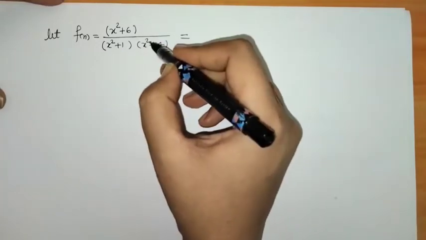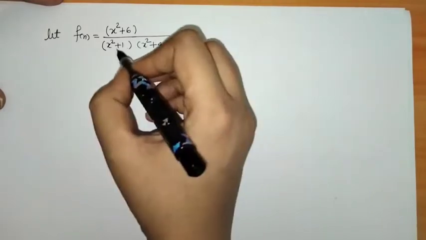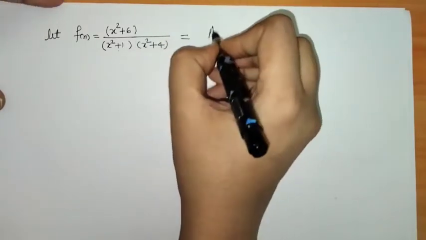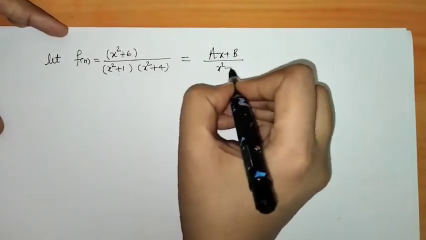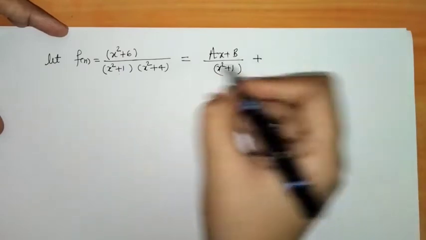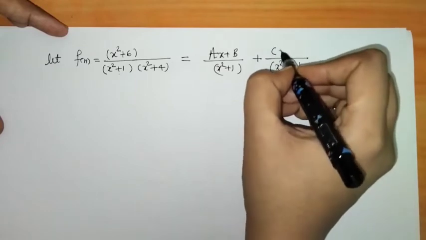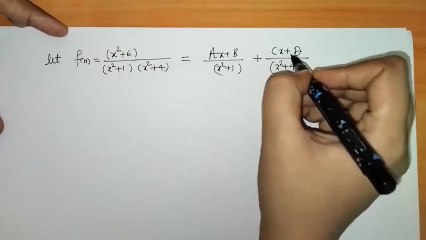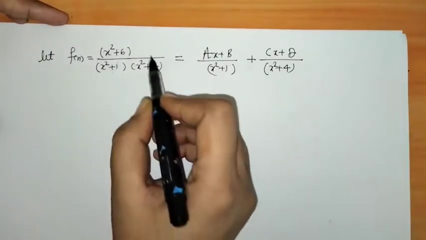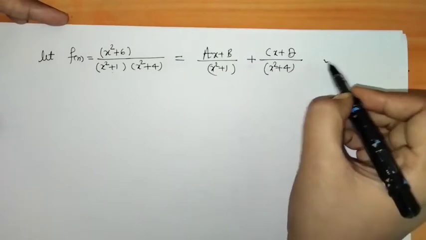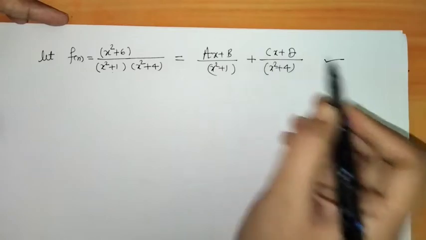Now we have to resolve this function in partial fractions. We take two constants for the first factor, ax plus b, then for the next factor x square plus 4 we take cx plus d. In this manner we have resolved f of x, where we have to find the values of the constants a, b, c, d.